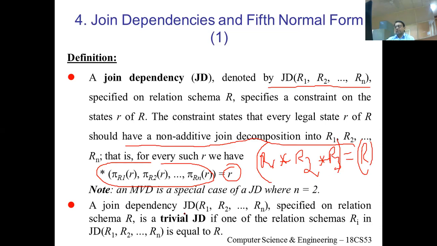So this join dependency JD is denoted by this, and it's specified on relation schema R. It is a trivial join dependency if one of the relation schemas Ri in JD is equal to R. That means if any one of the decomposed relations contains all the attributes, then that is called a trivial join dependency.